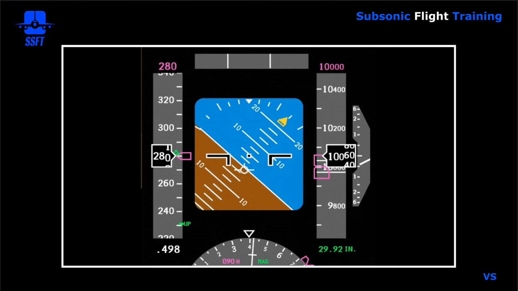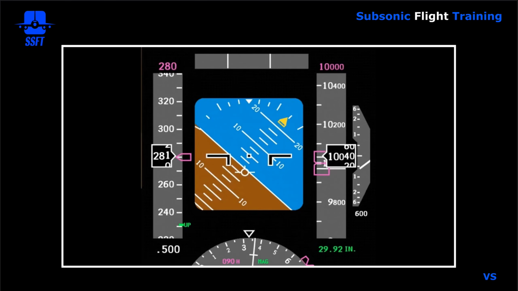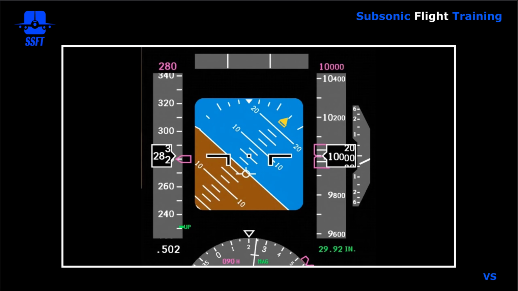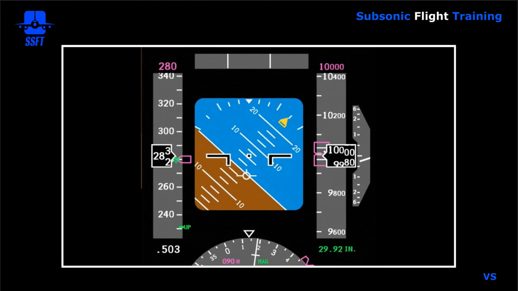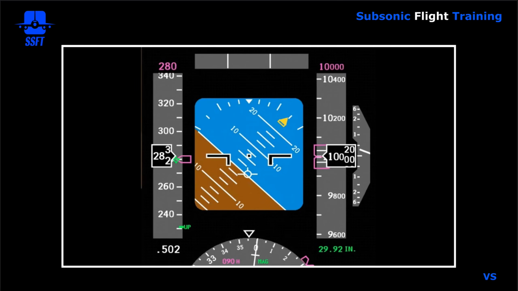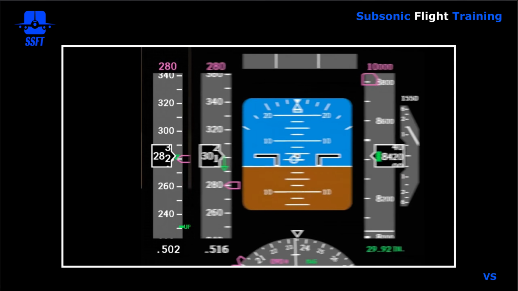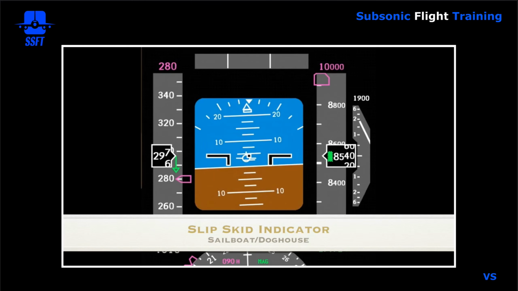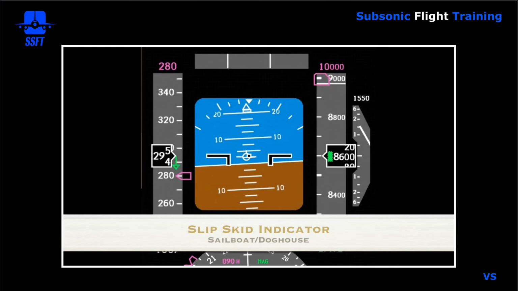And you can see that at 45 degrees of bank, holding 10,000 feet, the pitch is just right around 5 degrees right now. And I must say, in a flight simulator program like this, it's a little more sensitive than the real simulator or real airplane. The airplane is the most stable of all.